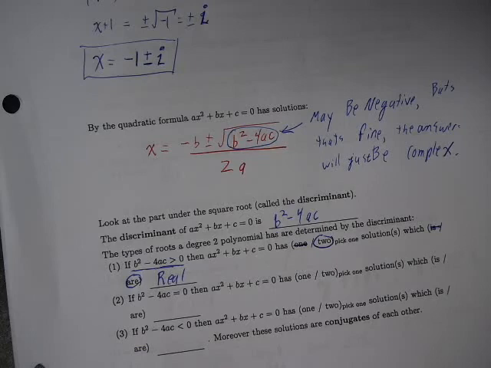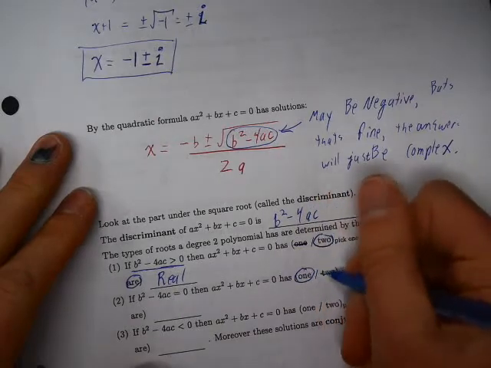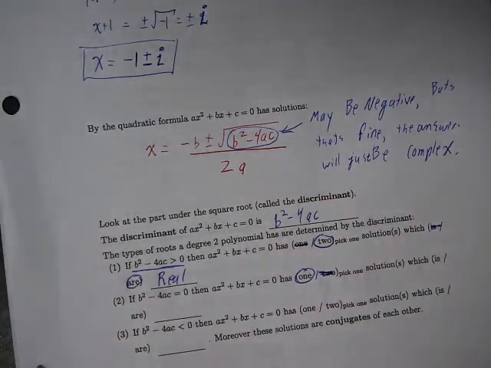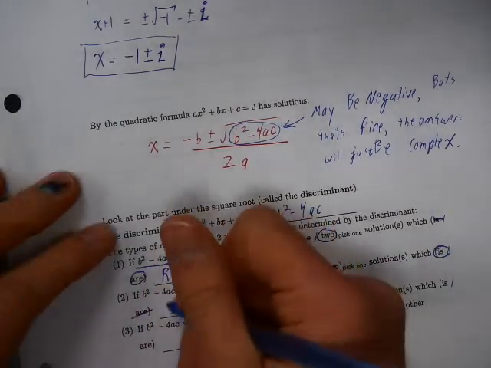So if the discriminant is 0, how many different solutions are there? Just the one. And that solution, is it real or complex? Real. I'm assuming a, b, and c are all real numbers right now, which is real.